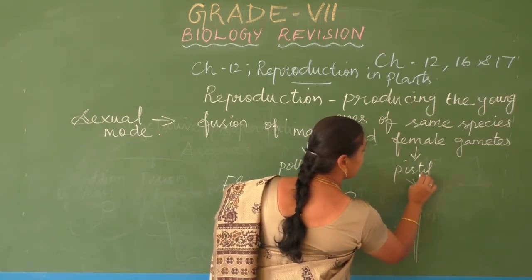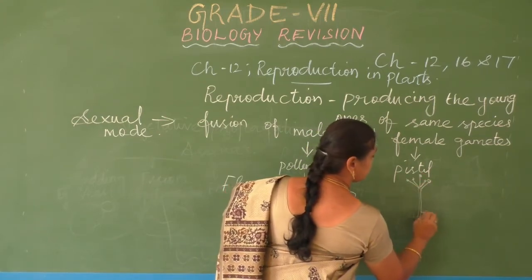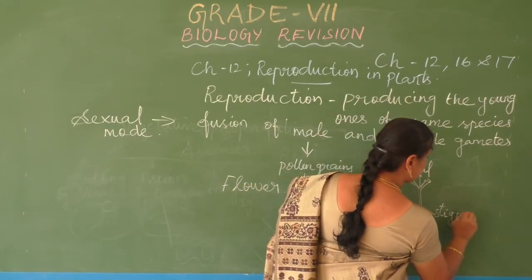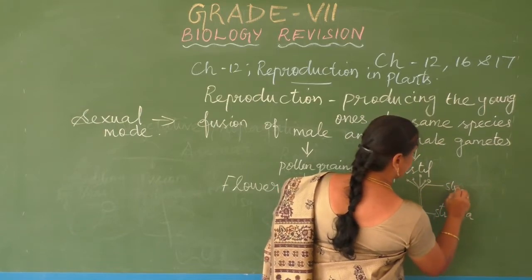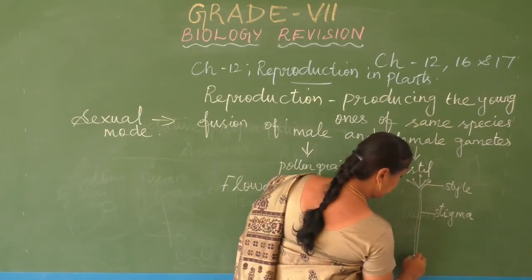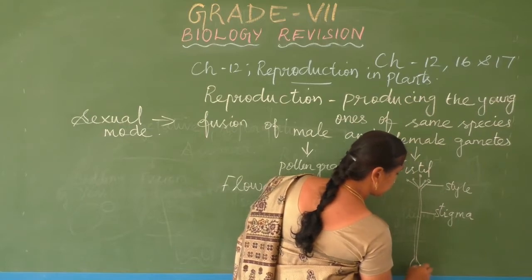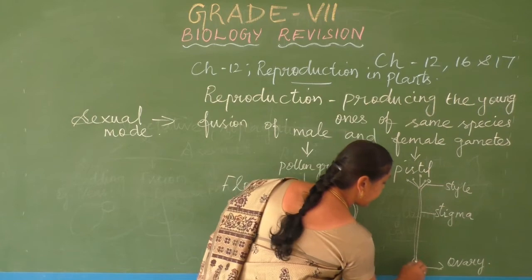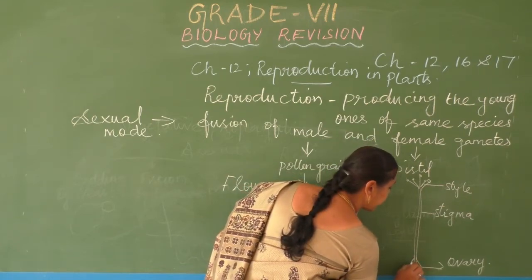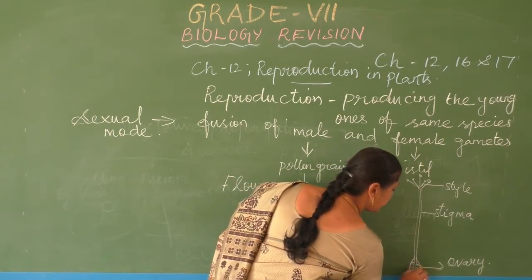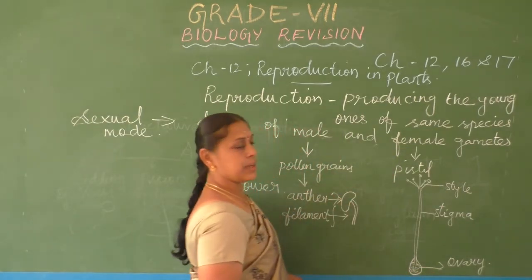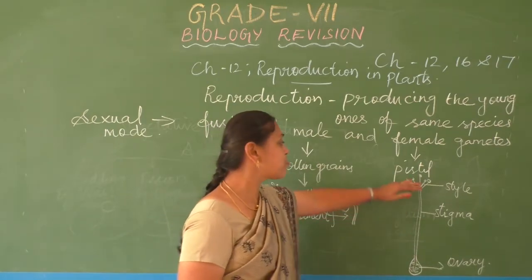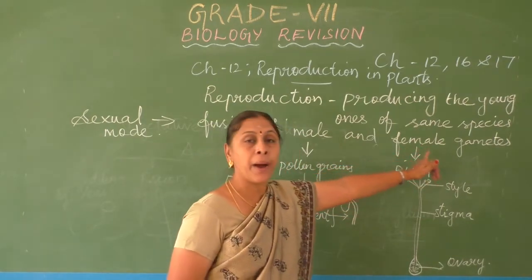This is the style, stigma, and the basal part is the swollen part, and it is called ovary. Inside this, ovules will be present, and they are converted into seeds. Together all these three are called the pistil, which is the female part of the plant.